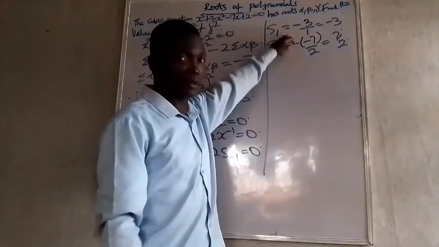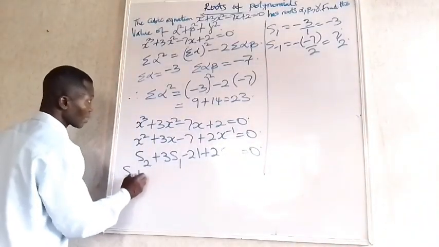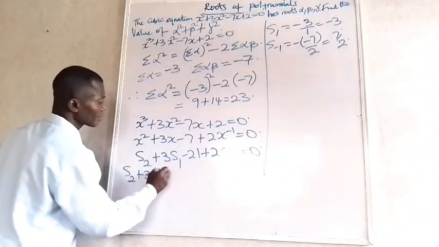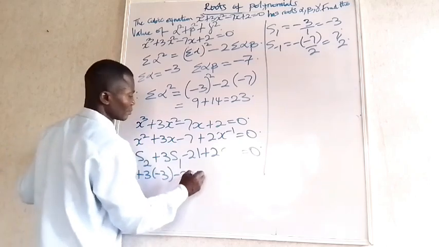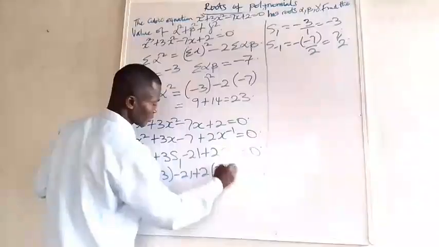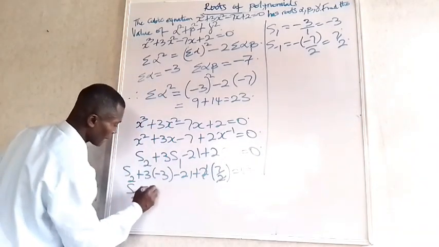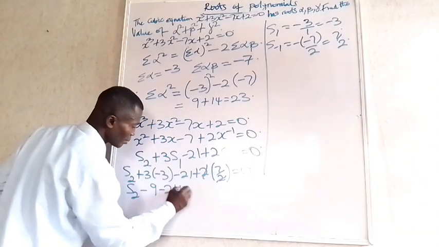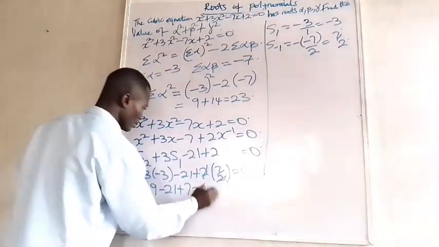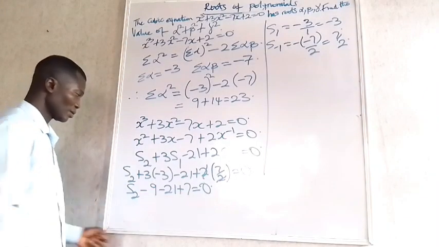Now let's substitute this into the equation here. So you are going to have S2 plus 3 into minus 3 minus 21 plus 2 into 7 over 2. So this cancels this. So you are going to have S2 minus 9 minus 21 plus 7, that is minus 30 plus 7, minus 23.